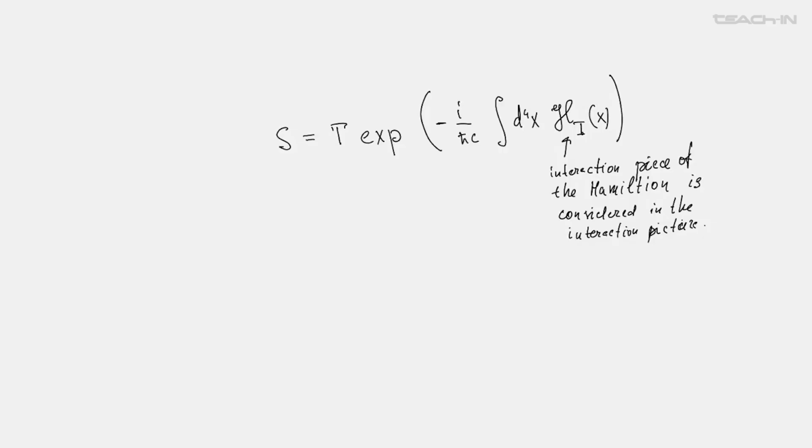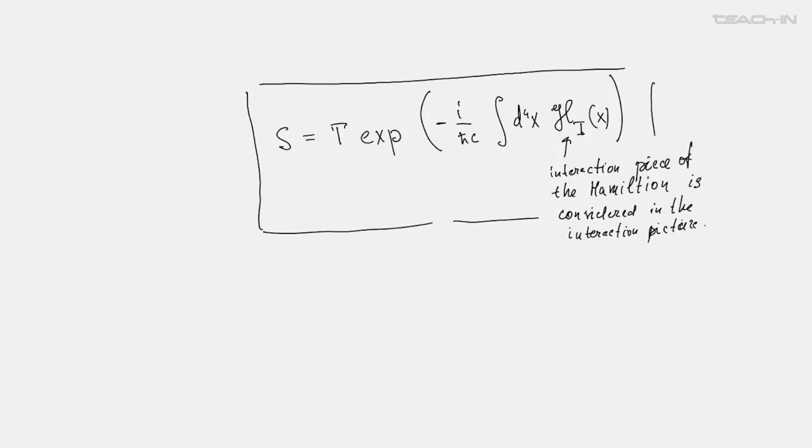This is where we finished last time. And if you have any questions concerning this derivation or concerning the notion of S matrix in quantum field theory, please ask me.